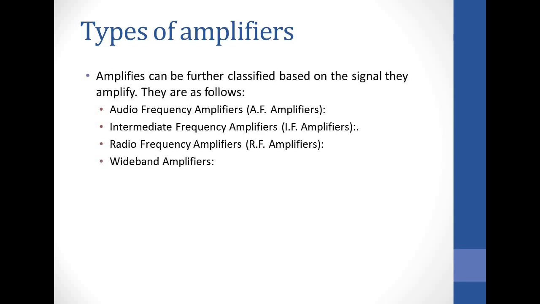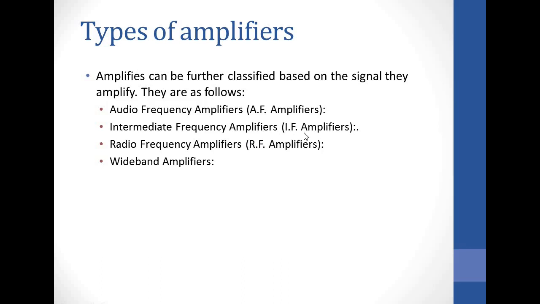So, types of amplifiers. Amplifiers are just termed in terms of the type of frequencies they amplify. Audio frequency amplifier is called an AF amplifier. It amplifies audio frequency. Then we've got an IF amplifier, which is intermediate frequency, and intermediate frequency is a frequency between RF and AF.